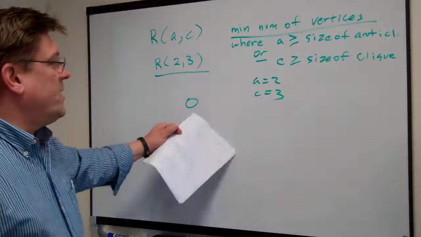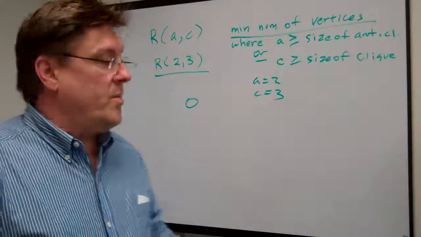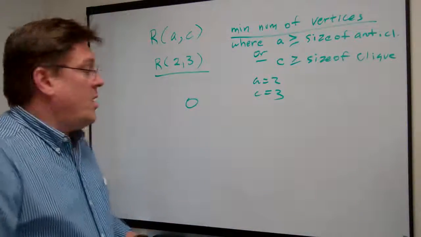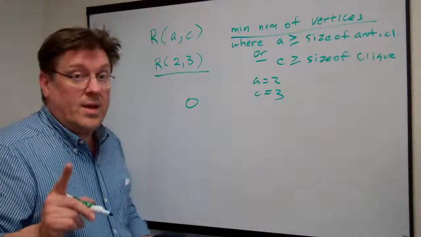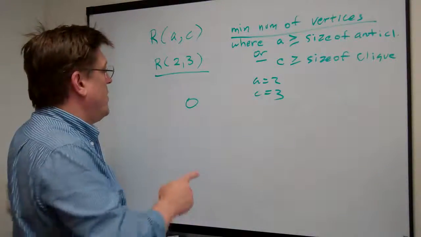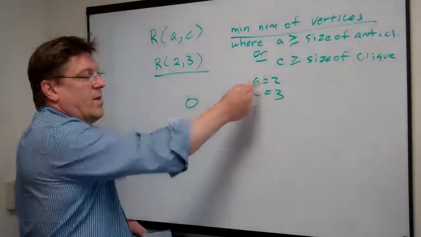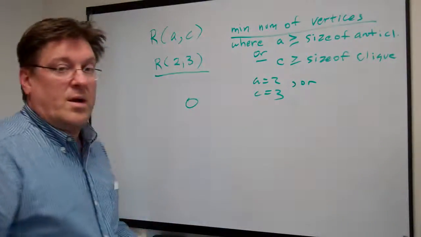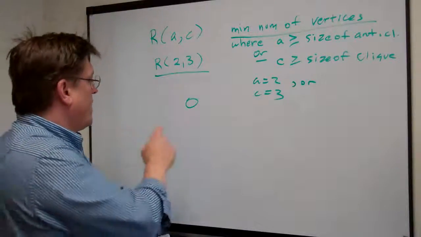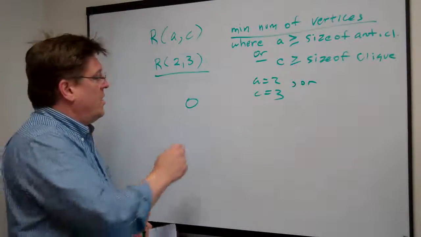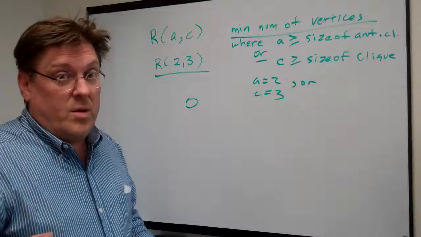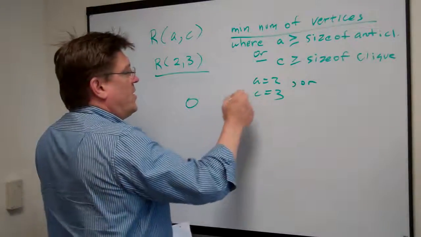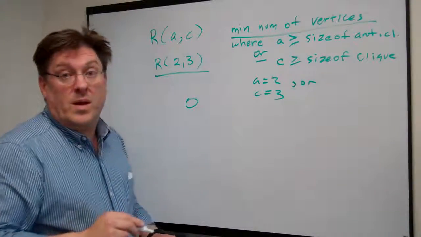Can we make an anti-clique of 2? No, because we only have one node. This one node is an anti-clique of 1. That's true. But we can't make one of 2. But that's okay, because we could do the other one. Can we make a clique of 3? No, we can't. We do have a clique of 1, but we can't make a clique of 3. So 1 isn't going to be big enough.